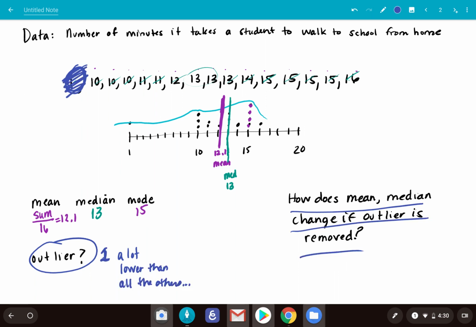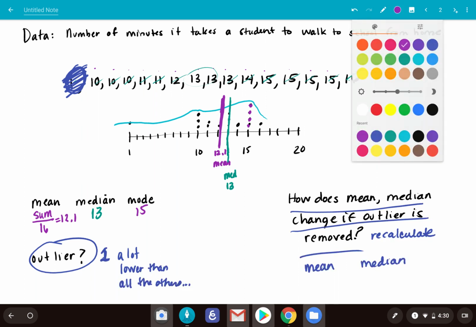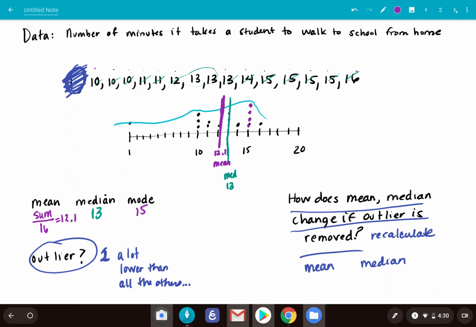And what we're going to do is we're going to recalculate. Okay, so let's recalculate our mean. All I'm going to do is calculate my mean without that 1 included. And I'll divide by 15 now because now I only have 15 data items.